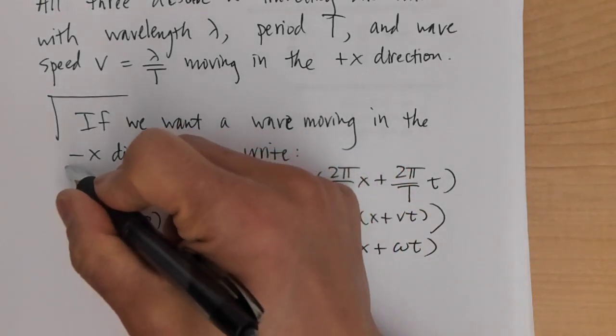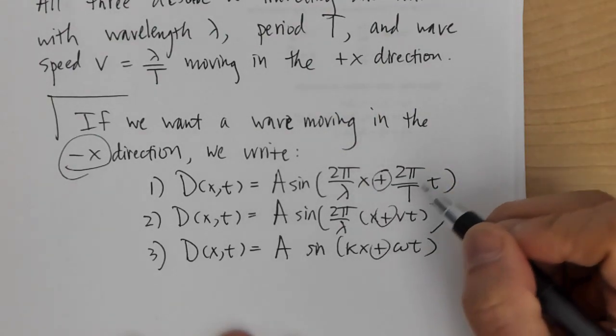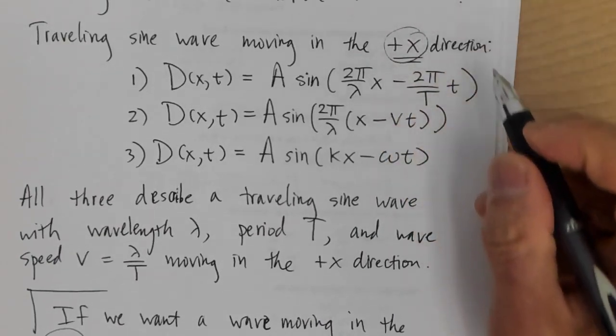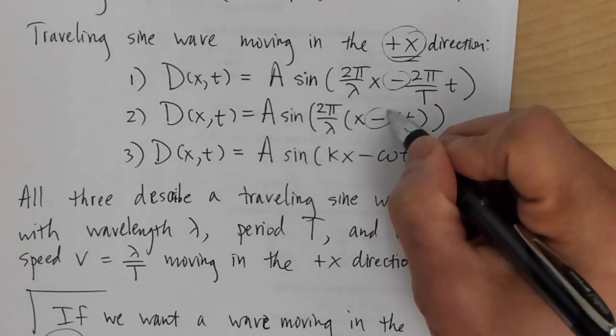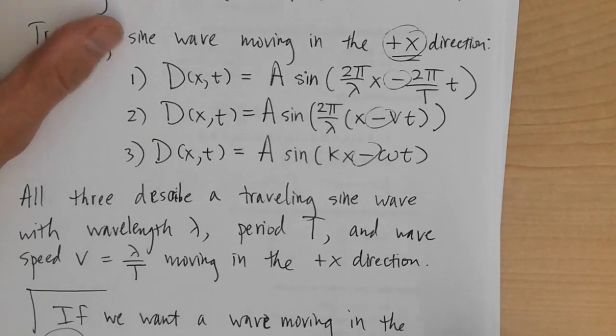Okay, so notice the minus x direction goes with plus signs here, whereas motion in the plus x direction goes with minus signs. I'll explain why this is that way a little later.